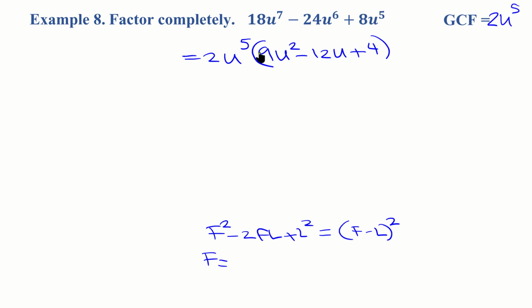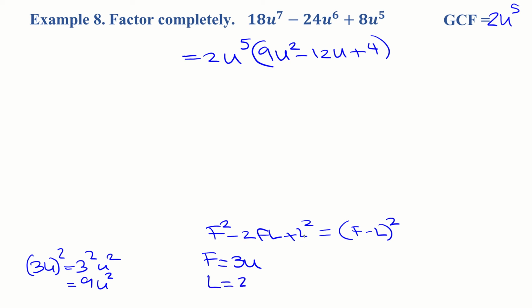And of course, what we need to square to get 9u squared is 3u. You understand that? Notice, if you take 3u and square it, what do you get? You get 3 squared u squared. What's 3 squared? 9. And the candidate for l is 2.